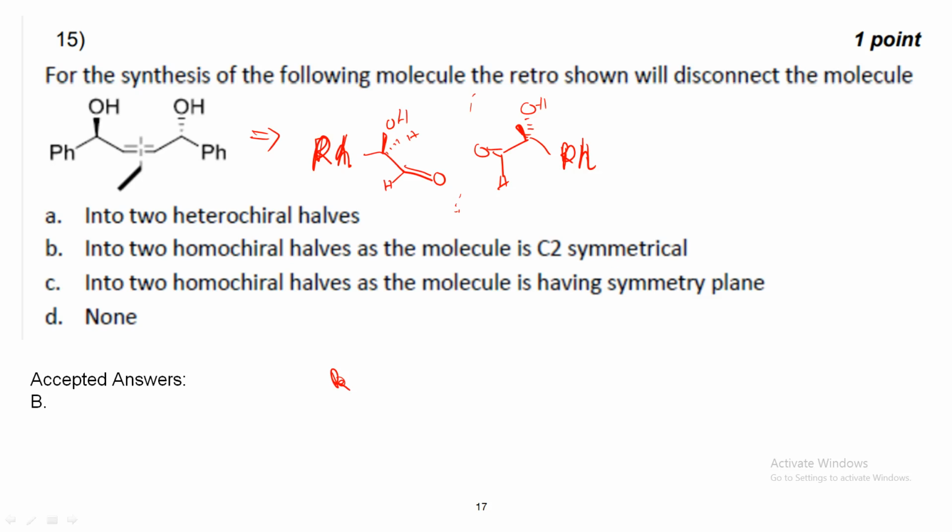Now just the chiral center is there. So now we just need to assign the chiral center and check if these two are homomers or enantiomers. That is what they are asking. So it is R here, which is below.